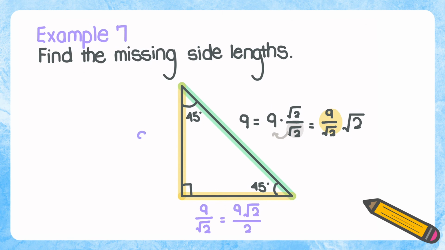And I know that the other leg has the same length, so let's just write that right here. So I've found the 2 missing side lengths. So I know that radicals can definitely be confusing, especially the first round that you look at it. So be sure to pause and re-watch this example and walk through it as many times as you need to. And please let me know if you have any questions on any of the steps.